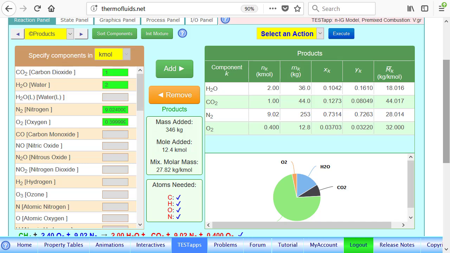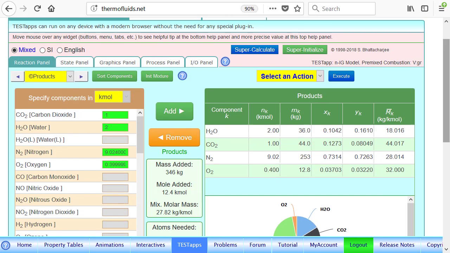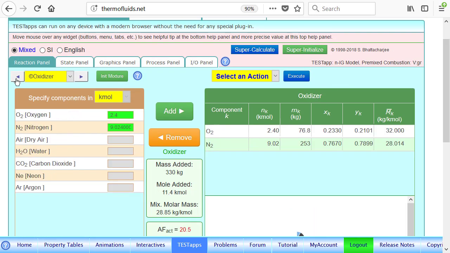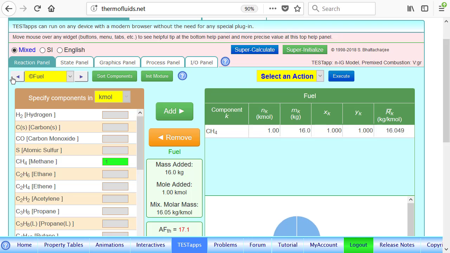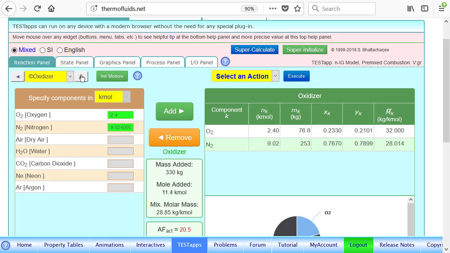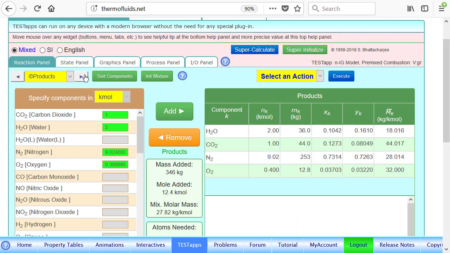Well, in this case, look at the products. We have 346 kg of products. Of course, that must be the same as the reactants, which are made of methane, which is 16 kilograms, and oxidizer, which is 330 kg. So altogether we have 346 kilograms of reactants, which becomes 346 kg of products.